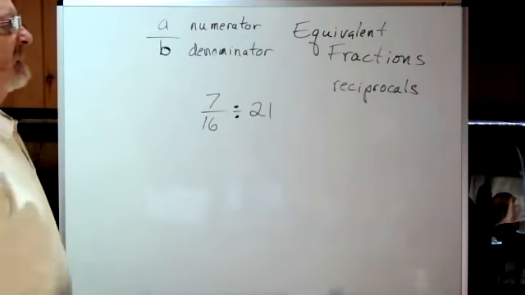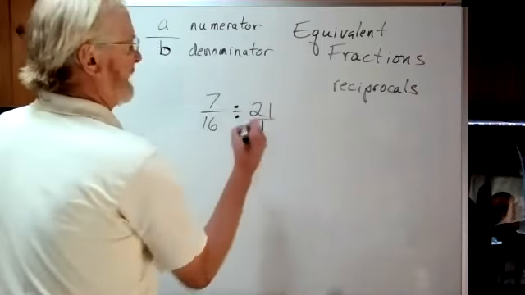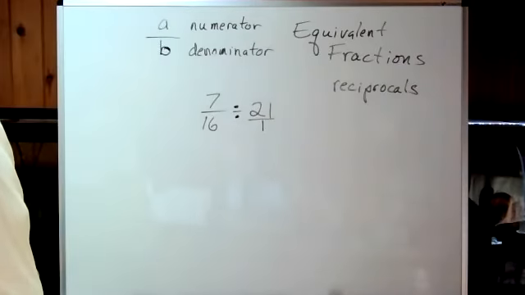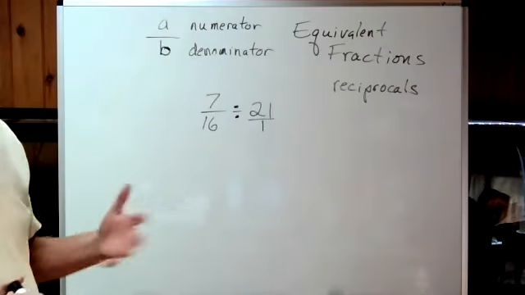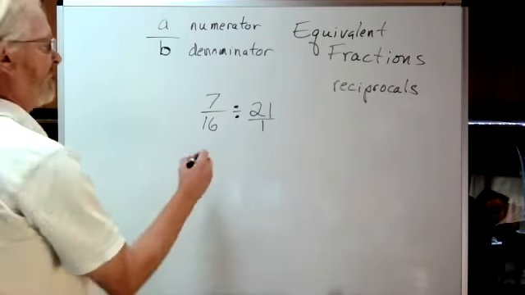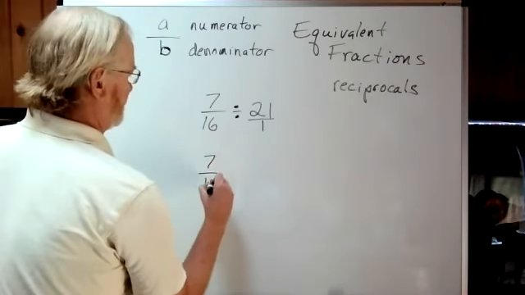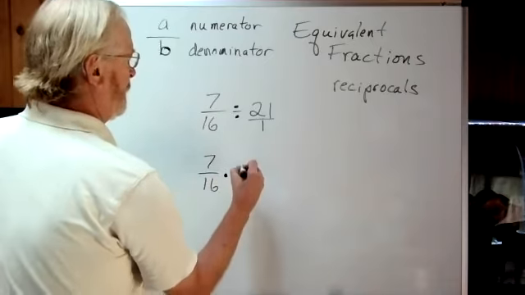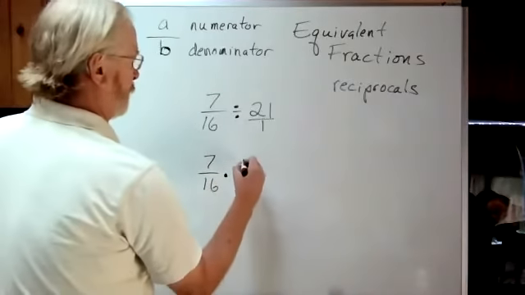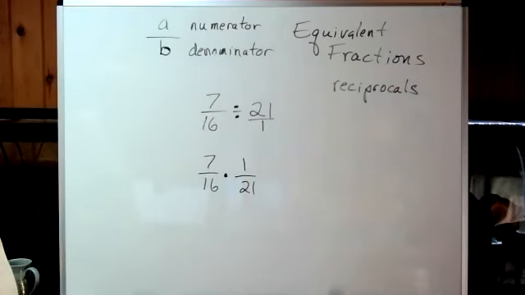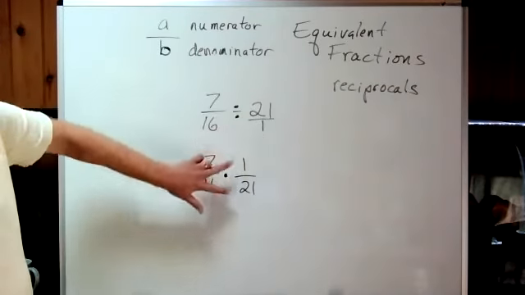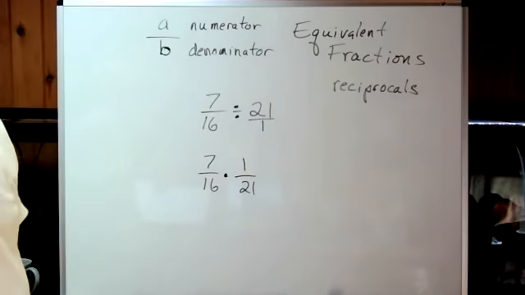A way to get that started is to think of this as a fraction over 1. Whole numbers can always be thought of as that whole number divided by 1. So now I can turn this into 7/16 times the reciprocal, 1 over 21.